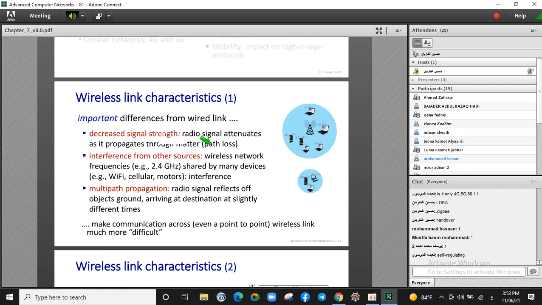I'm sending signals into an area, into a space that I cannot control.